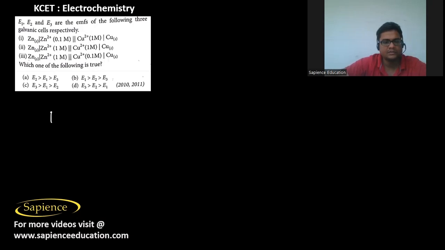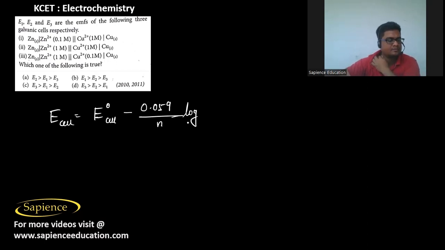So here, as you know, E cell equals E naught cell minus 0.059 by n into log of the concentration of Zn2 plus divided by Cu2 plus.